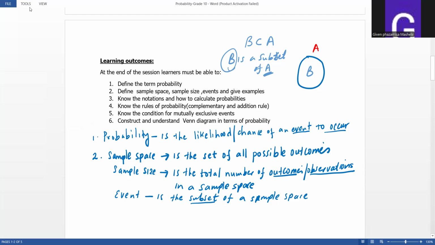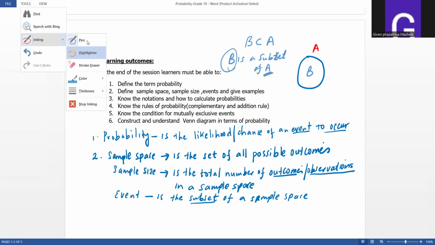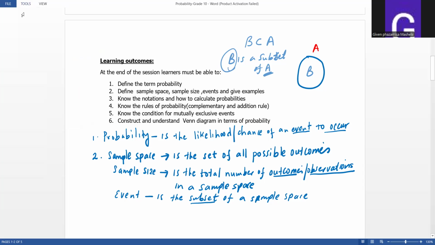So that is what is referred to by an event in terms of probability.